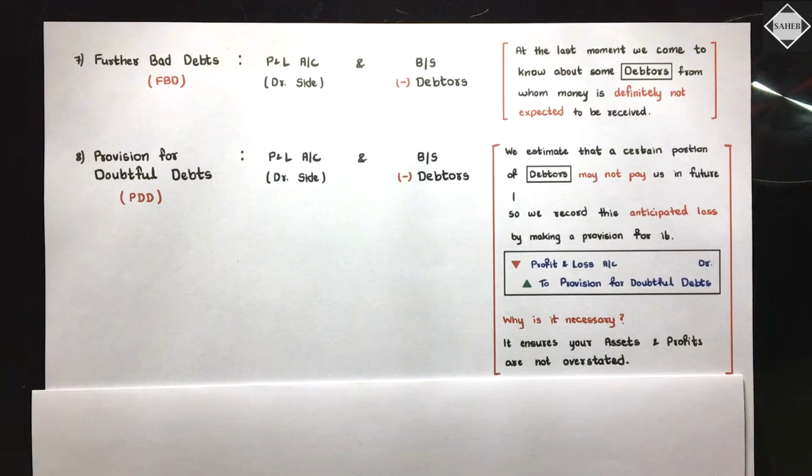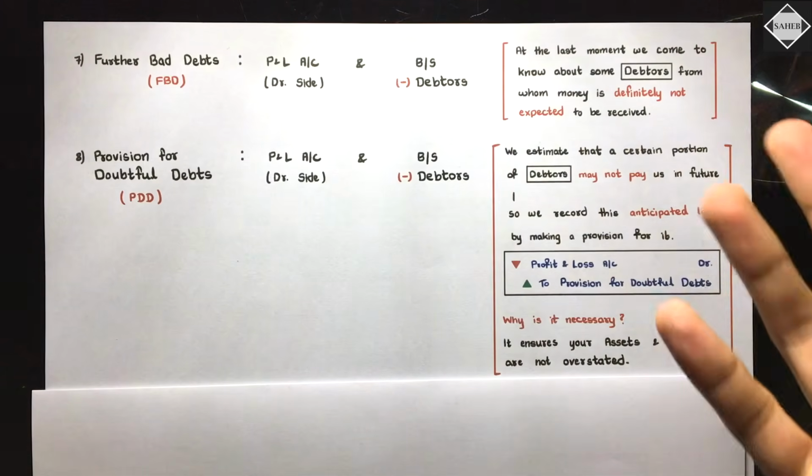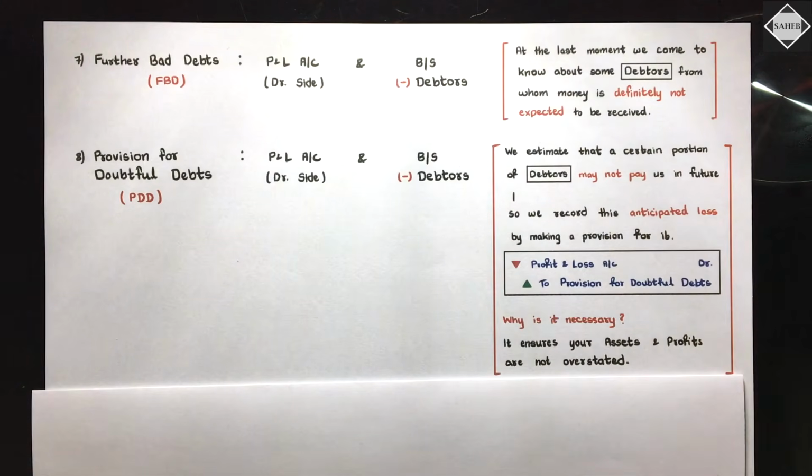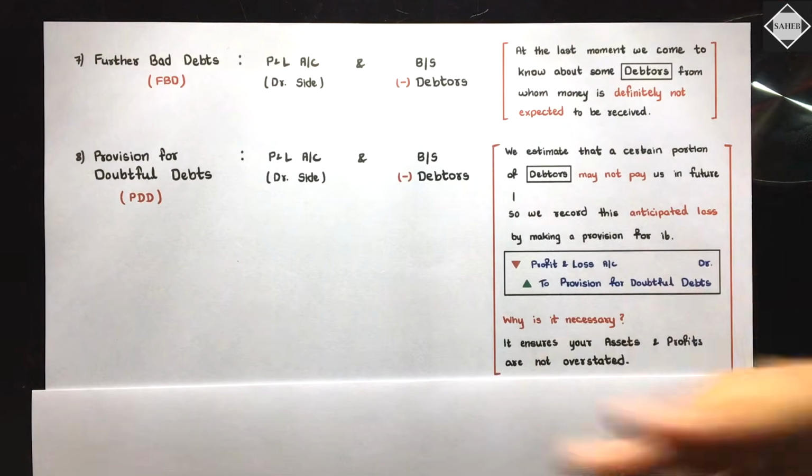For example, let's say you didn't make a provision. You have a doubt in your mind that 5% of the money will not come. Later, in the next year or coming years, you see that a 5,000 loss happened. Suddenly you will get a heart attack: I have lost 5,000. But if you make a provision beforehand, you have prepared your mind.